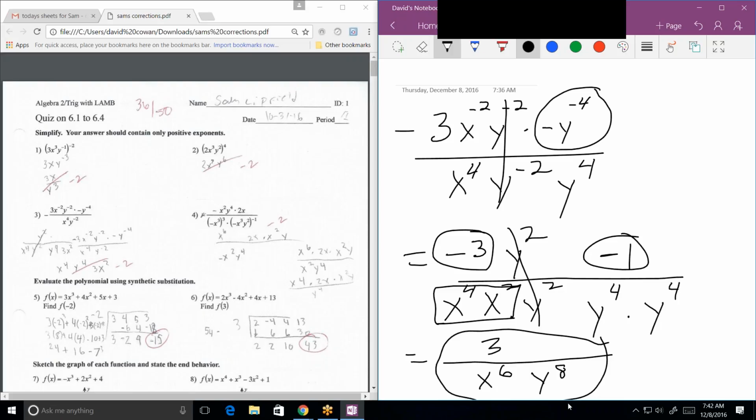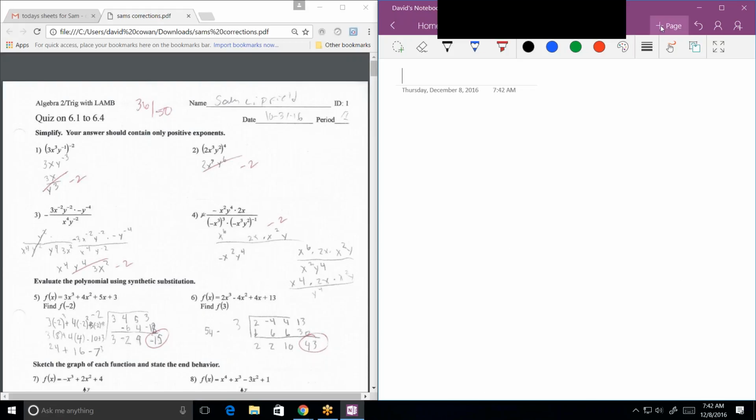But the key thing to remember is when you're doing something to the bases, you never do the same math process to the exponents. If I am multiplying the bases, I am adding the exponents. If I am dividing the bases, I am subtracting the exponents.